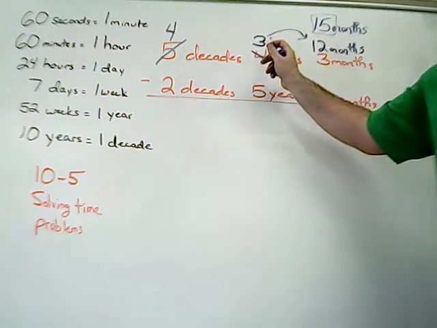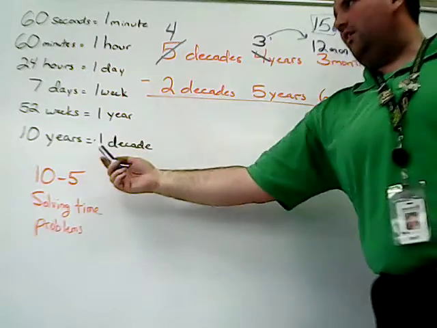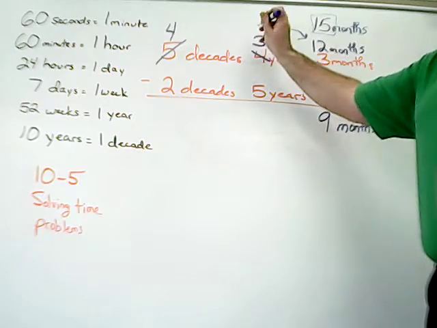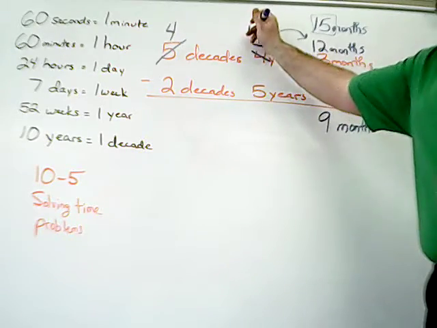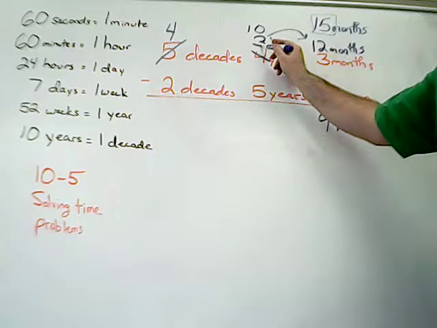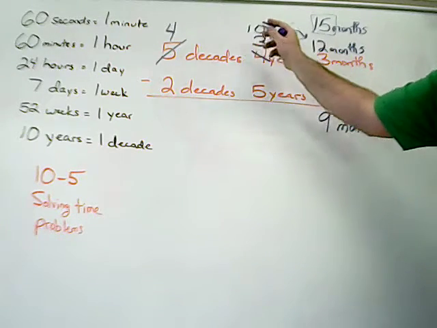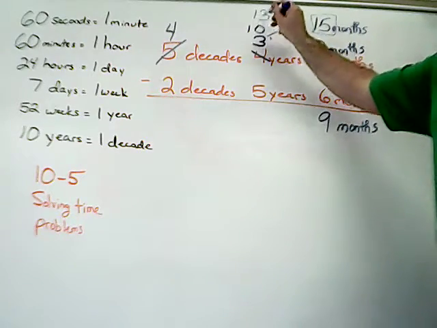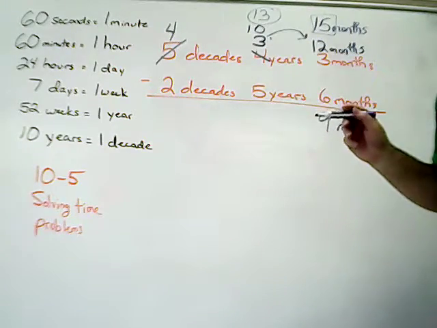How many years is in a decade? Well, if I use my chart, I know that there are 10 years in a decade. So I'm going to give this guy 10 more years. For a total, I had 3. I converted my decade into years to get 10 more for a grand total of 13 years.